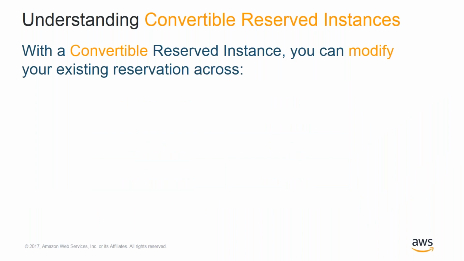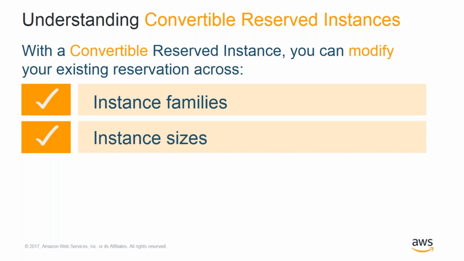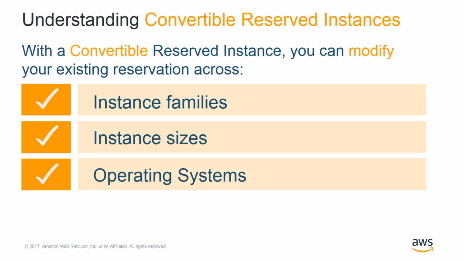Convertible reserved instances were released based on customer asks around wanting reserved instances to be more flexible. And now with these, you can flex across instance families. So you can change from M4 to C4 to I3s to any instance that has convertible reserved instances. You can change size. So if you need to upsize your resource, you can change the reserved instance to match that, and if you need to downsize, you can do the same.